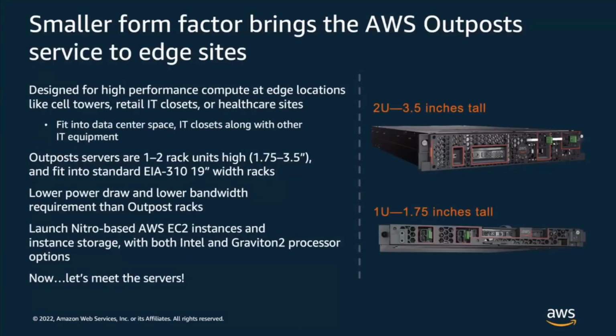I'm going to give you a high-level overview of them, and then a little bit more about them. I'll try to help you understand hardware in this virtual format as best I can. There's essentially two units visually. There's a 2U and a 1U unit. This covers both Intel and Graviton.